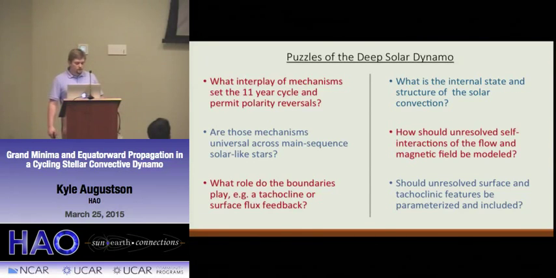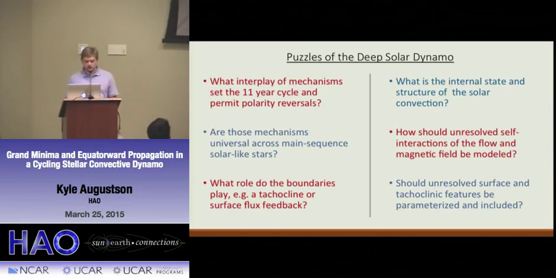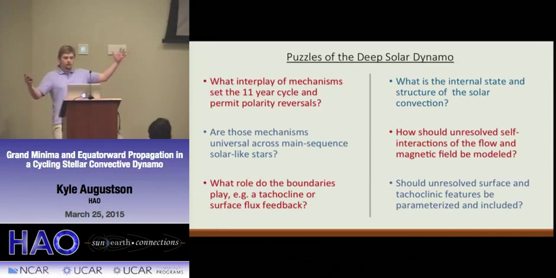Is there some role that the surface flux plays? And there's all sorts of models that play with different aspects of these. Some other unknowns are what is the actual state and structure of the internal solar convection? So we can see pretty well what's going on at the photosphere, but what happens in the interior in terms of Rossby number of the convection is relatively unknown.